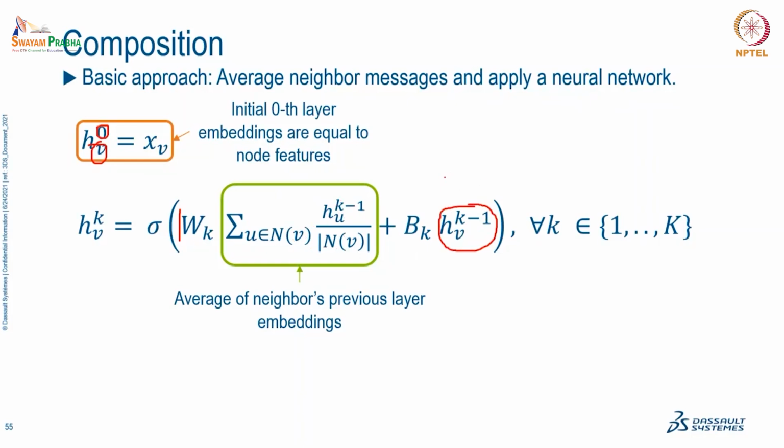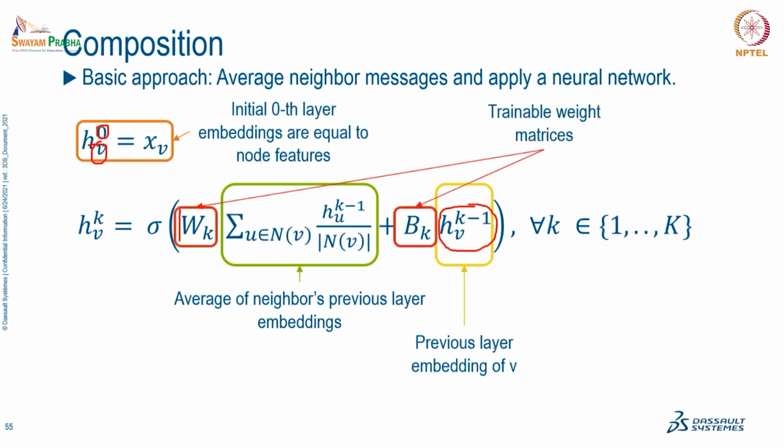On the equation side you might not get a clear picture, but in the slide after this, where I have a graph, you will get a clear understanding of what this equation stands for. So this is the previous layer's embedding of v, and these are the trainable weights, or parameters: the basis vector and the weight vector of the layer.